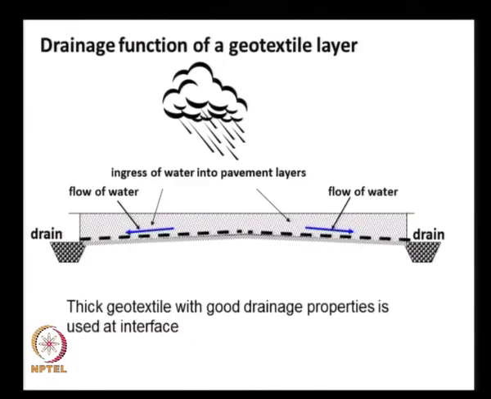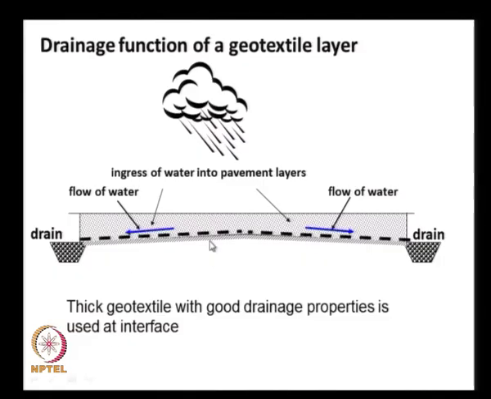And here we see the application of a thick geotextile as a drainage layer. Invariably, because of the cracks that are present in our road surface, the rainwater enters the pavement, and unless we lead the water safely away from the pavement, the rainwater may enter the subgrade.